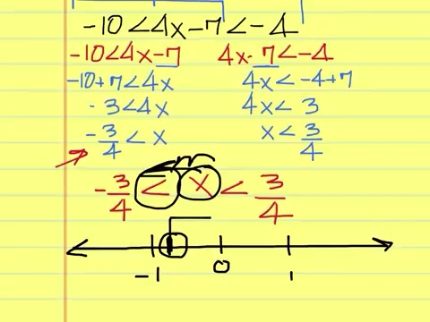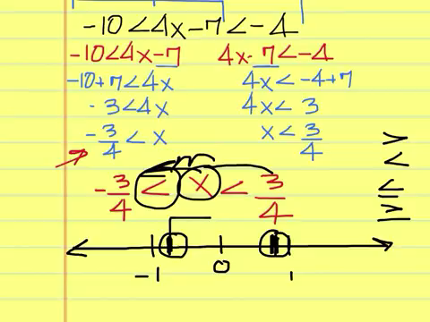Then you need a positive 3/4, which is approximately here. And again, you need an open dot because open dots signify this. Closed dots are this. And if x is less than 3/4, then your line must go this way. This represents the graphical solution of that compound inequality.